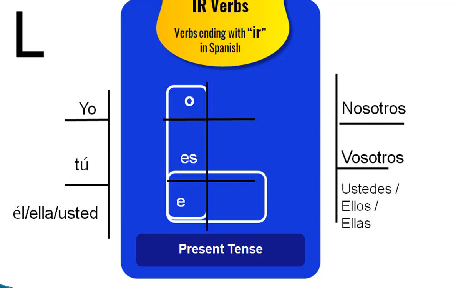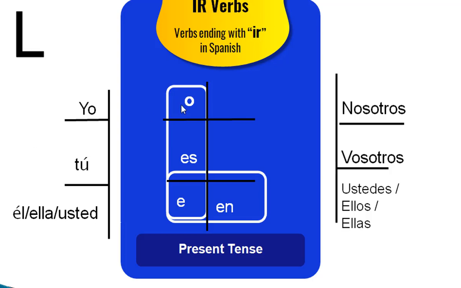For él, ella, usted, it's e, again same as the ER form. Coming to ustedes, which is again a rule breaker, it's en, same as the ER verb.